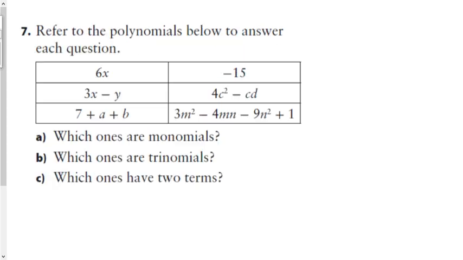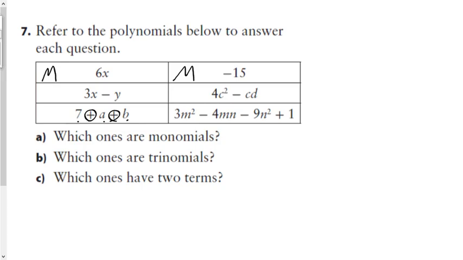All right. Question 7: refer to the polynomials to answer the question. Which ones are monomials? I'll put M's. Monomial, it is the product of 6 and x. Monomial, it is just a constant. Those are your only monomials. Trinomials, 3 terms: 1, 2, 3, linked together, as we talked about, by addition or multiplication or subtraction.